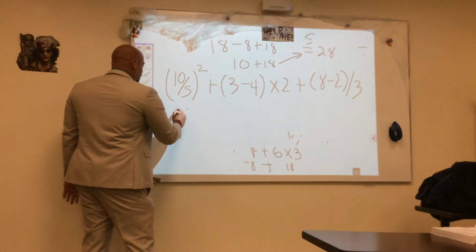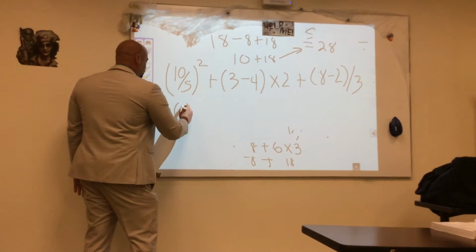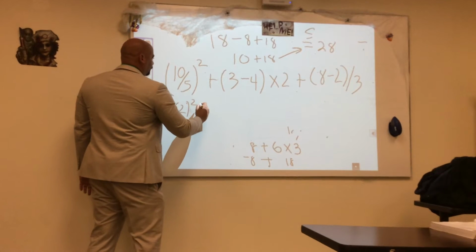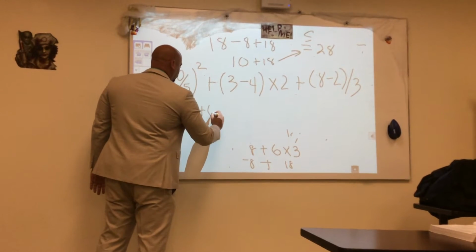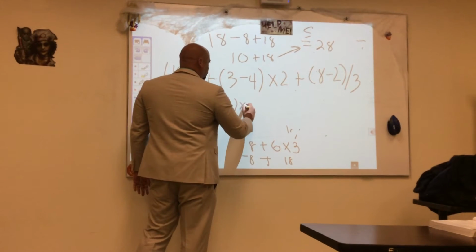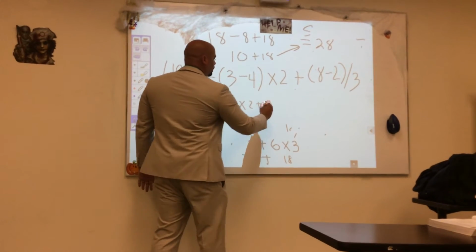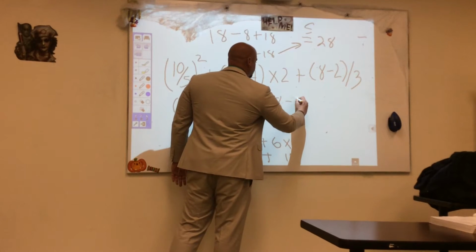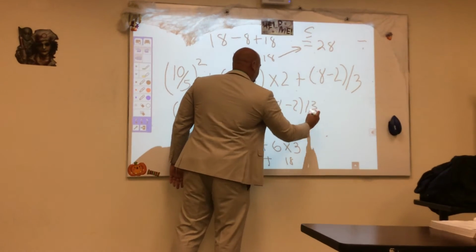So right here, 2 squared plus, again, 3 minus 4 times 2 plus 8 minus 2 divided by 3, right?